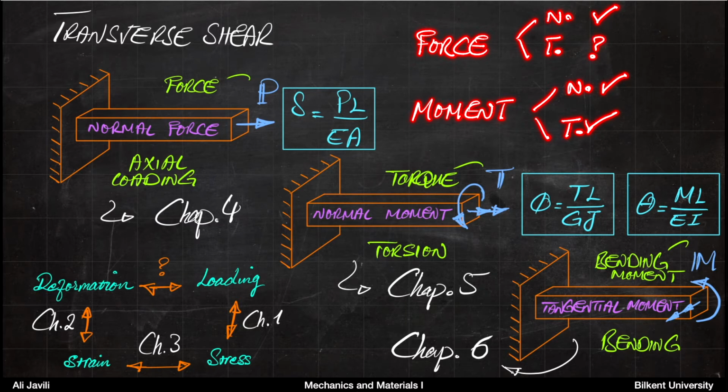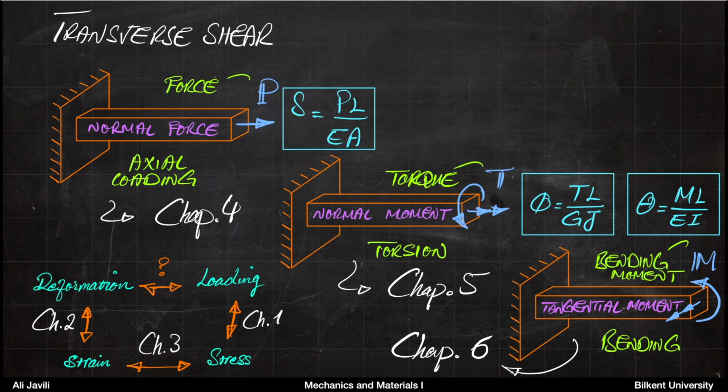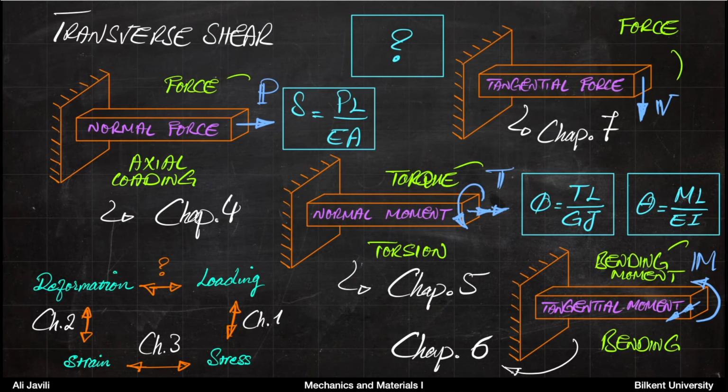So what we want to do now is to fill the last piece of this puzzle and talk about a tangential force. And that brings us to the topic of transverse shear. So the question is, what would be the key formula for a transverse shear problem?